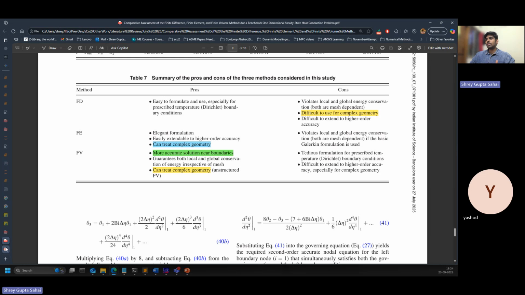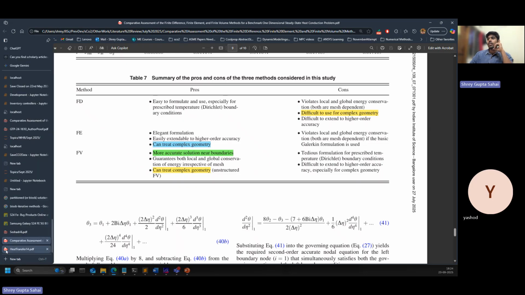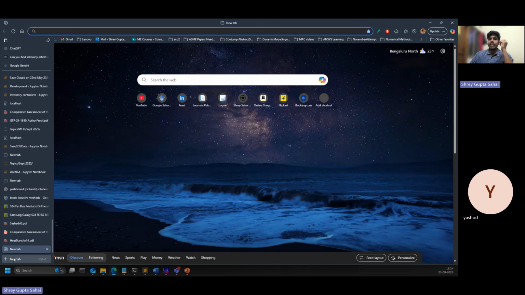But the important thing there is, because we are solving PDEs, partial differential equations, we do have implicit and explicit schemes. This concept of implicit and explicit does extend to these two finite approximation schemes as well.